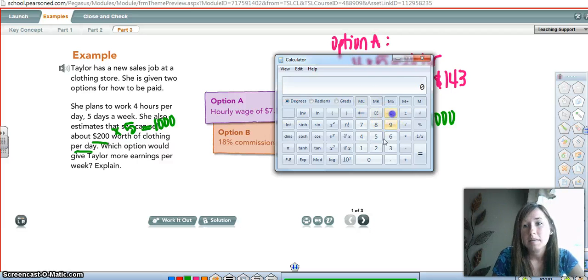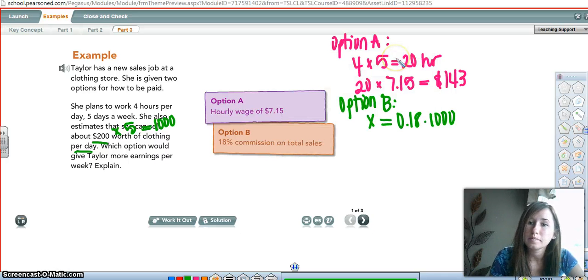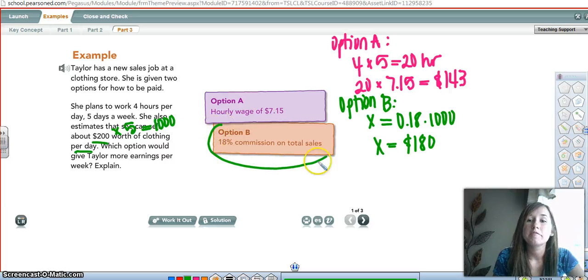Well, 18% of 1,000 is going to come out a little bit more than her hourly rate. So she should probably choose option B if she really can expect to sell that much. She would make more money with commission.